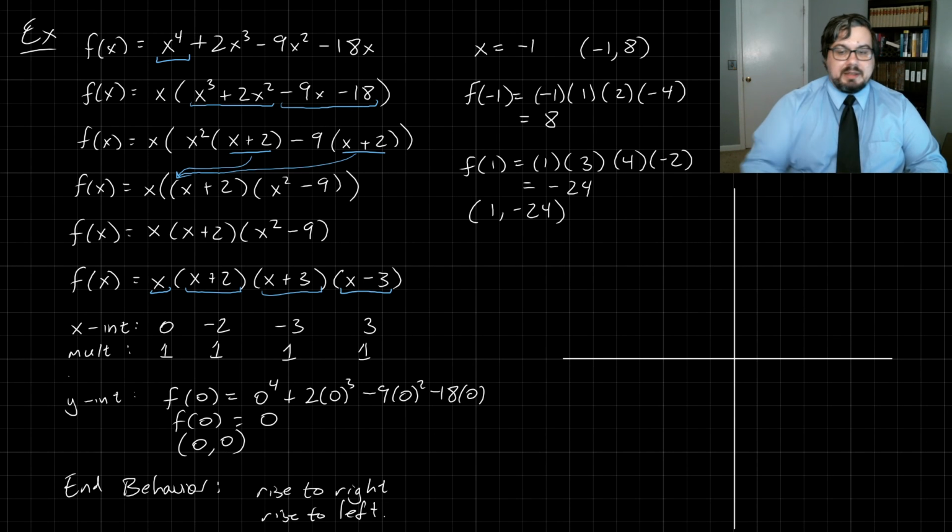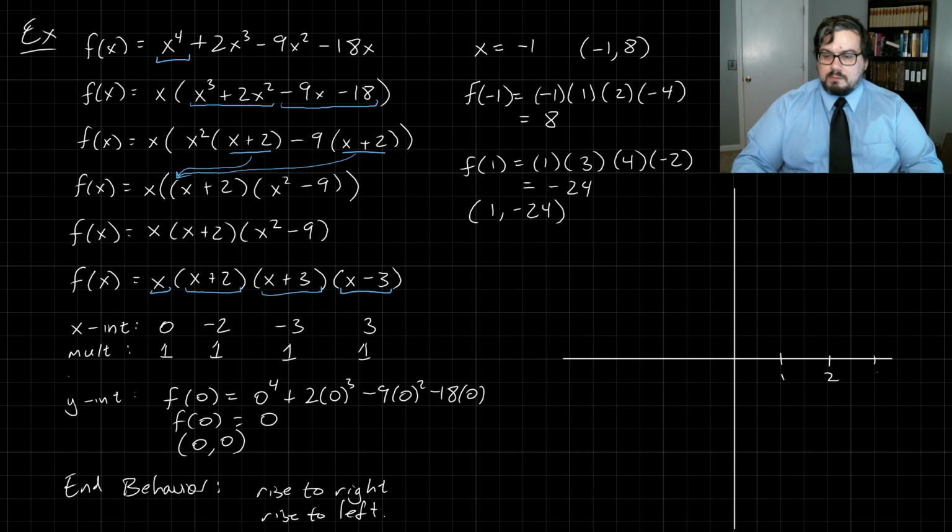So let's go ahead and graph this function. So let's see, we need x values out to 3. And then negative 1, negative 2, negative 3. And then let's see, for y values, we need to go up to 8, down to negative 24.